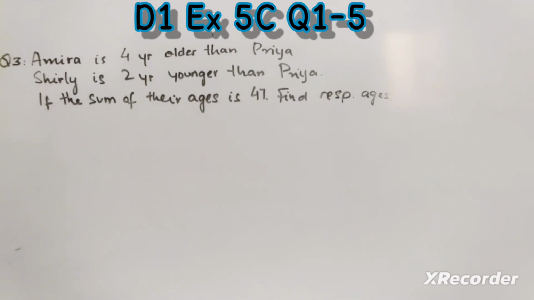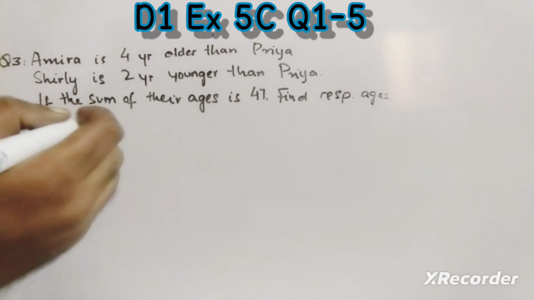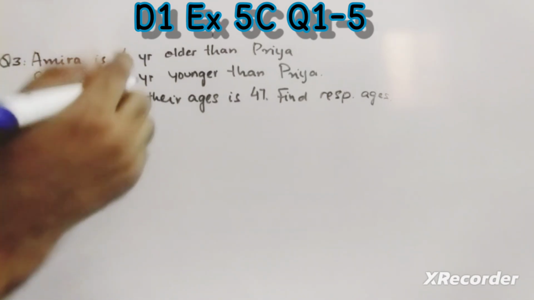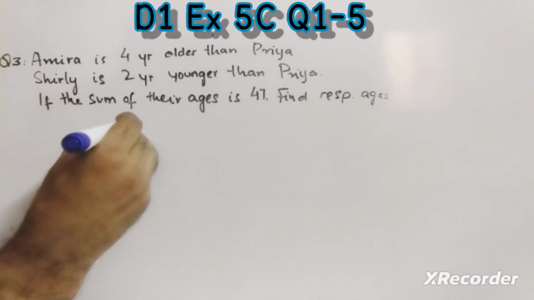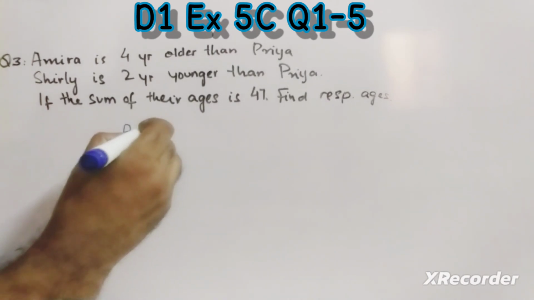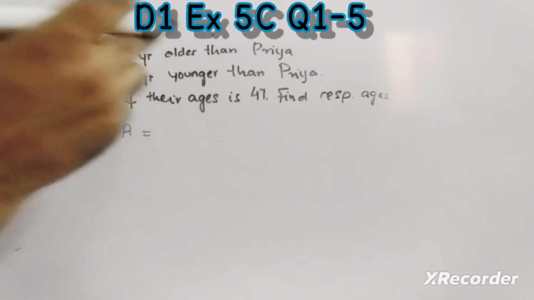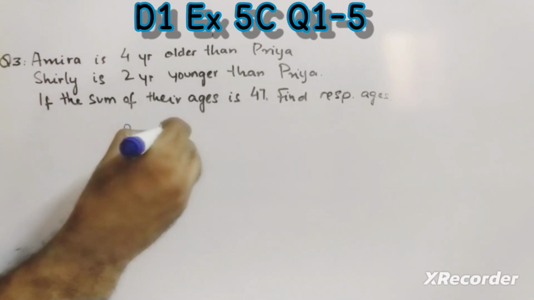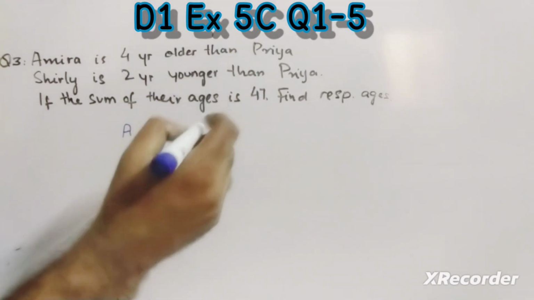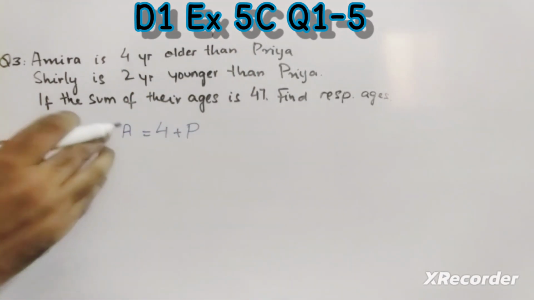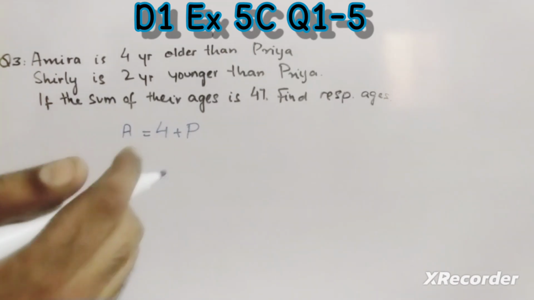I write A instead of Amira and P instead of Priya and S instead of Shirley for our ease. From the first statement we get Amira is 4 years older, means 4 plus that of Priya. A is equal to 4 plus P.